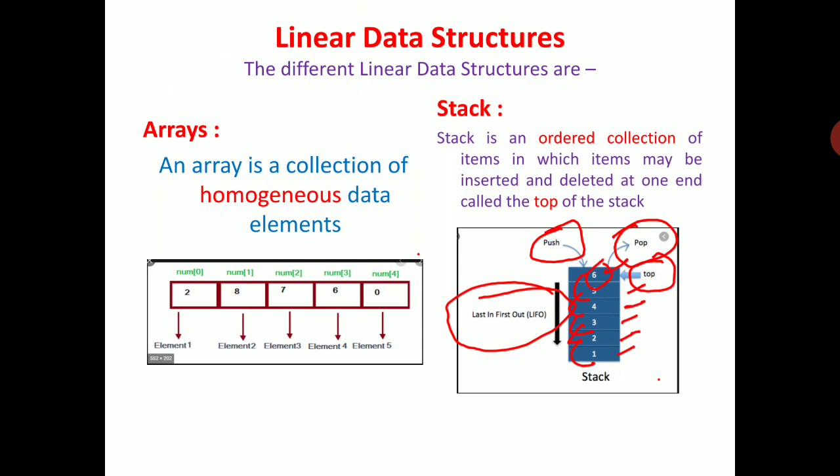We have seen 2 types. Further we have 2 types here, that is queues and linked list. We will see the next one, that is queue. What is the definition for queue?